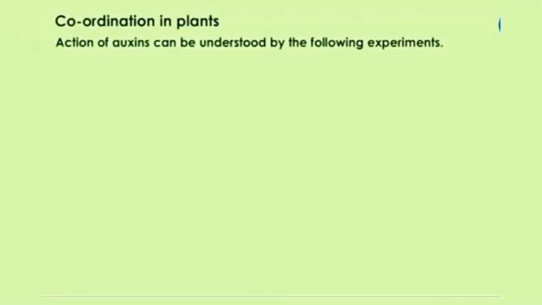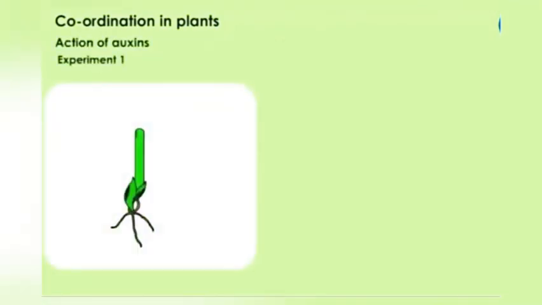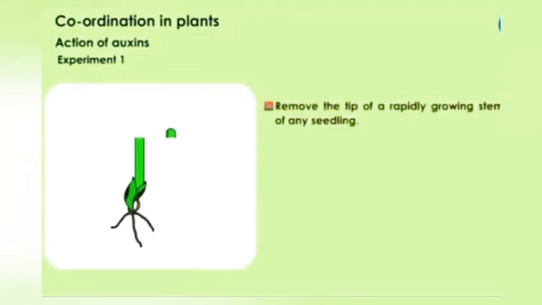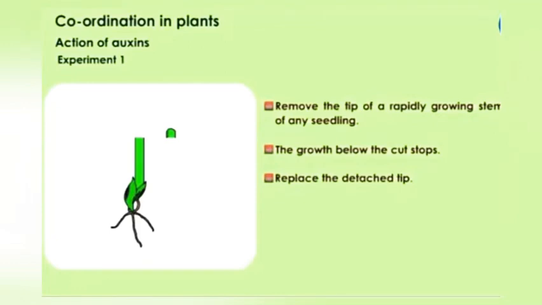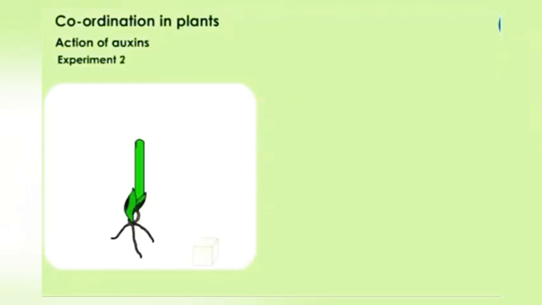Action of auxins can be understood by the following experiments. Experiment 1. Remove the tip of a rapidly growing stem of any seedling. The growth below the cut stops. Replace the detached tip. The stem elongates.